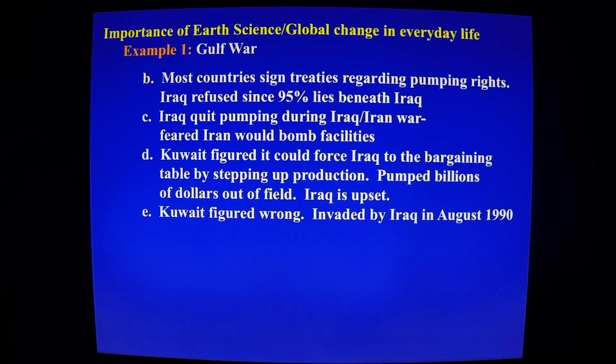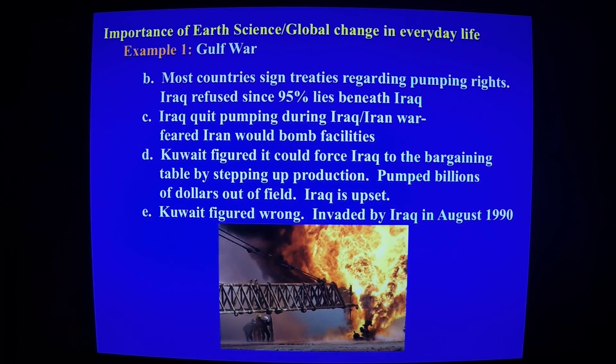The United States got involved a few months later, and when they came into Kuwait and forced the Iraqis out, one thing the Iraqis did is they set all of Kuwait's Rumaila oil field pumps on fire and created a pretty big environmental mess. So this was just one of the consequences of some dispute over geology.